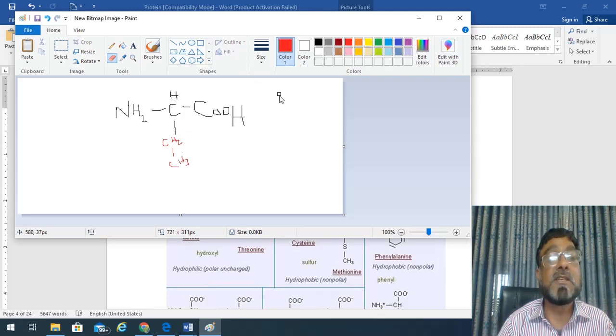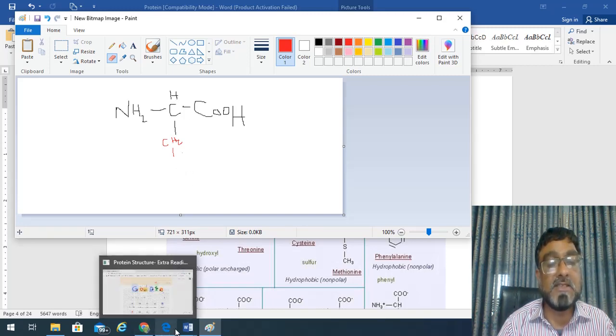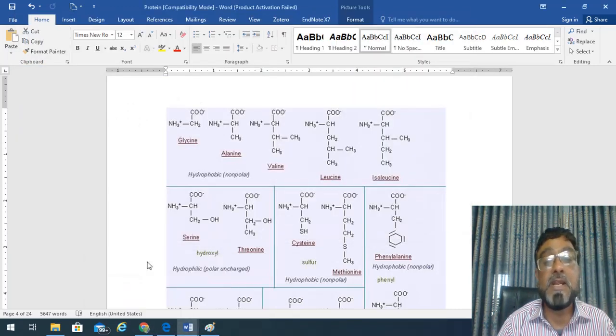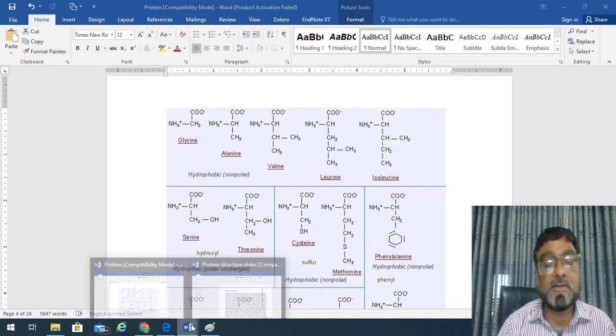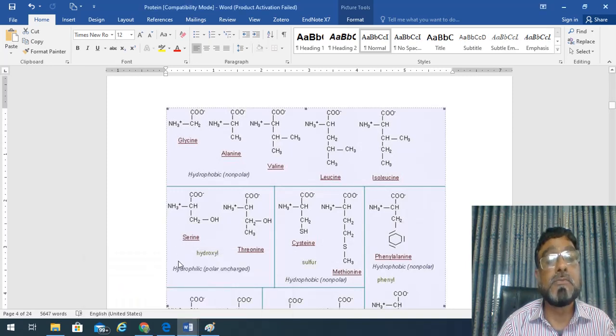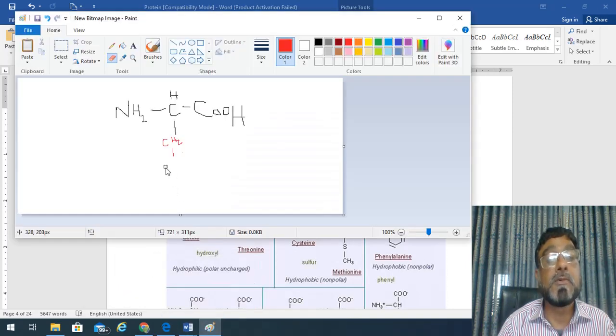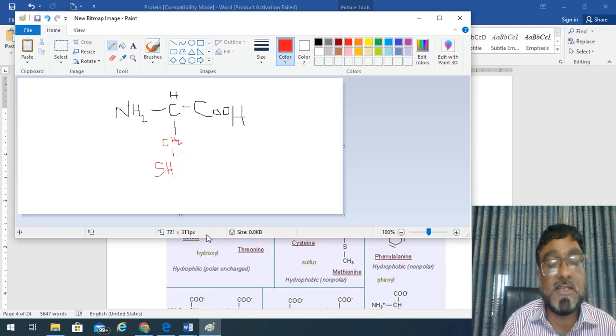This is the basic structure, CH2, and because this is sulfur containing, we will be adding the sulfhydryl group here, SH. So this is the amino acid cysteine.